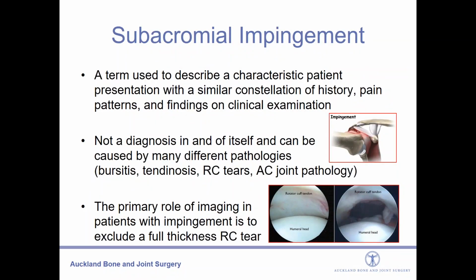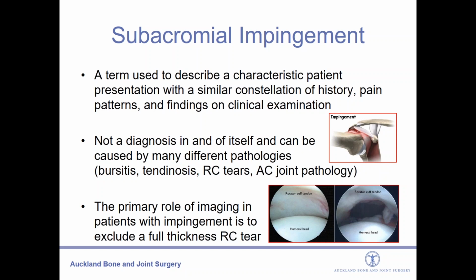The other term that's bandied around a lot is this so-called subacromial impingement syndrome, whatever you like to call it. Impingement is not a diagnosis. It's really just a term used to characterize or describe a pattern of presentation that the patient has. And there's a similar constellation of history findings, pain patterns, findings on clinical examination. Lots of different pathology can present with subacromial impingement, including some pathology inside the shoulder joint, which I'll allude to as well.